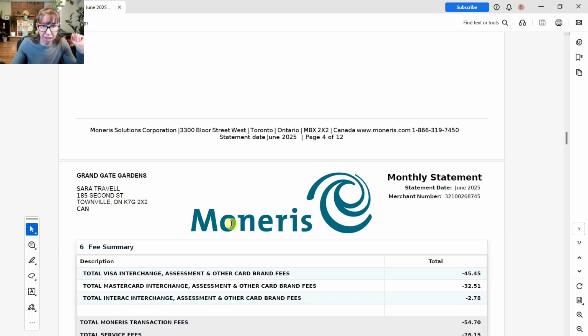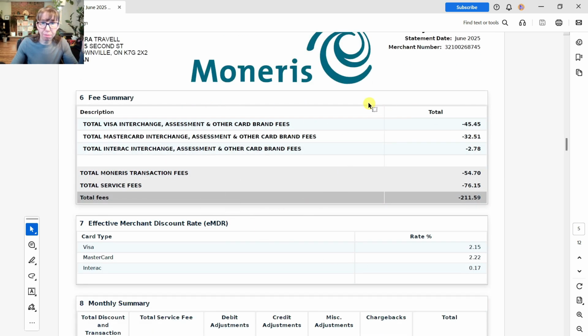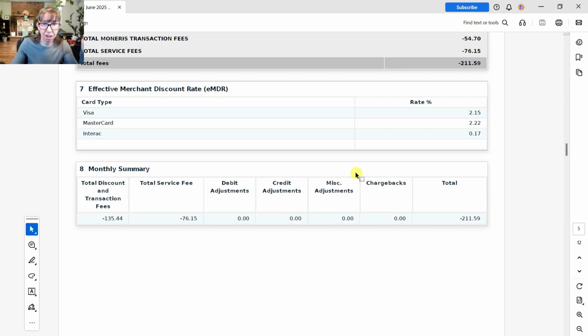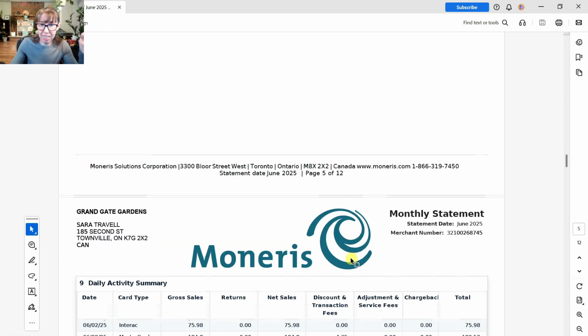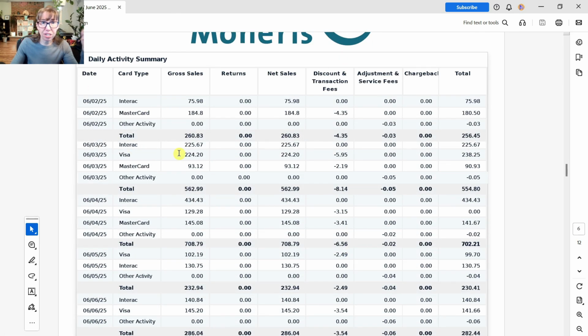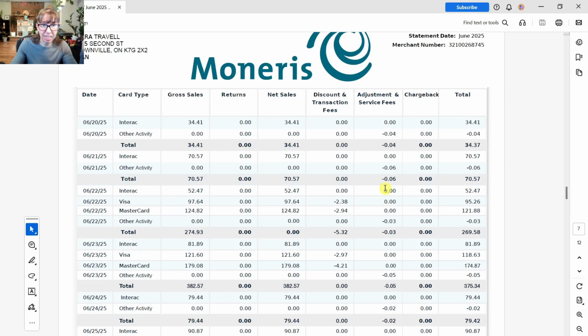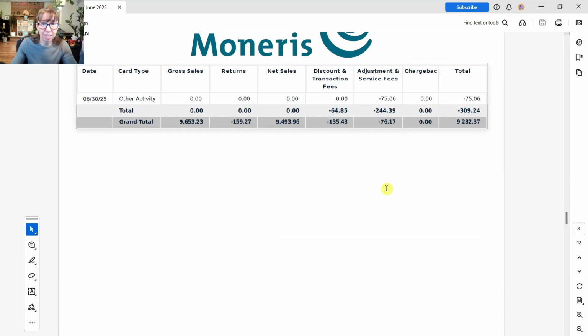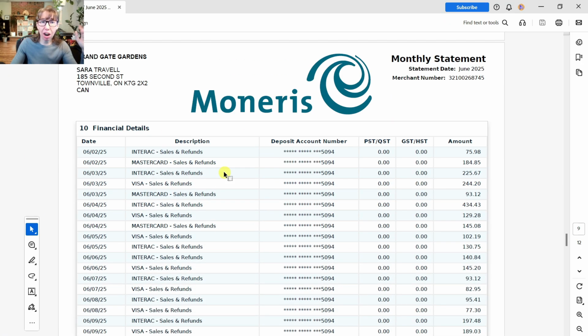So we're scrolling down. Nothing mentioning HST here at all. Still can't see HST. So here's the daily activity summary. There's nothing really about HST here either. We're going to keep scrolling down. Now here we are at the financial details, and oh, I see the term GST, HST. And the financial details, in Moneris's case, tend to correlate with what goes on in the actual bank.